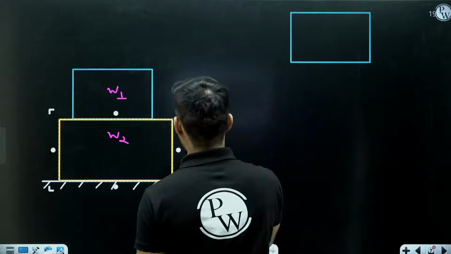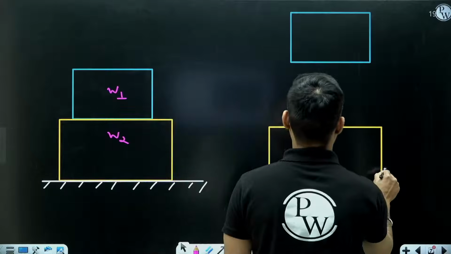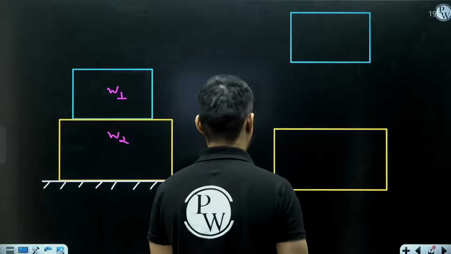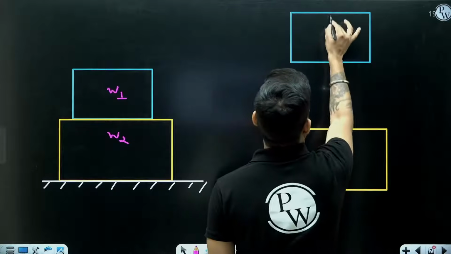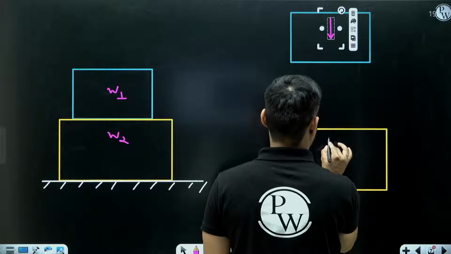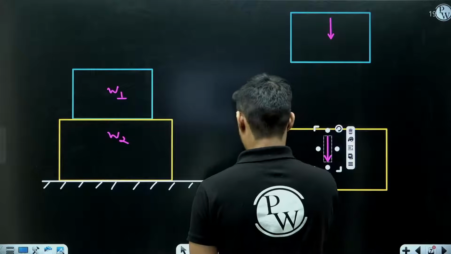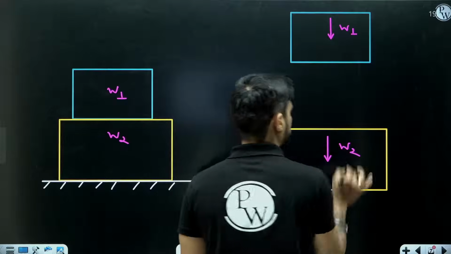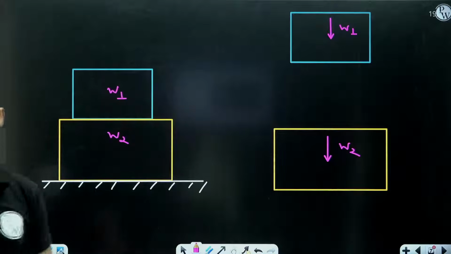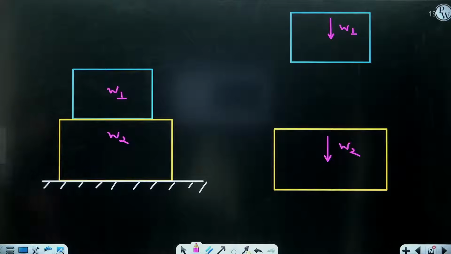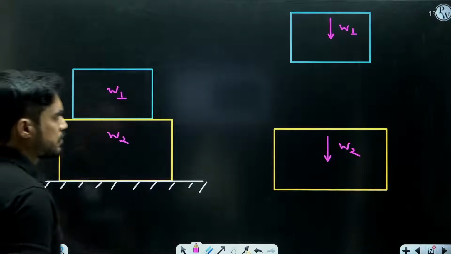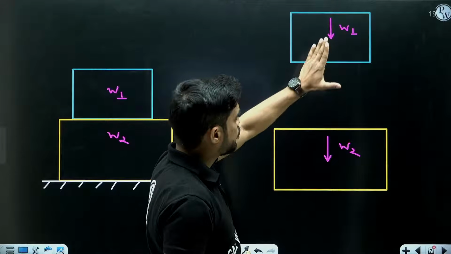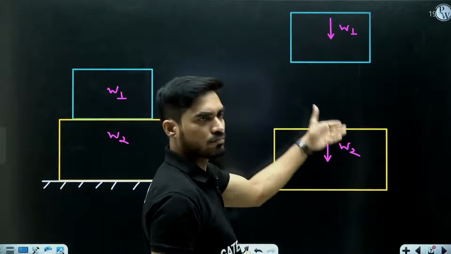This is my blue box. This is my yellow box. Now understand. First, draw the weights. W1, W2. Now, the yellow box and the blue box both are isolated from each other. So I have to show the interaction between these two.